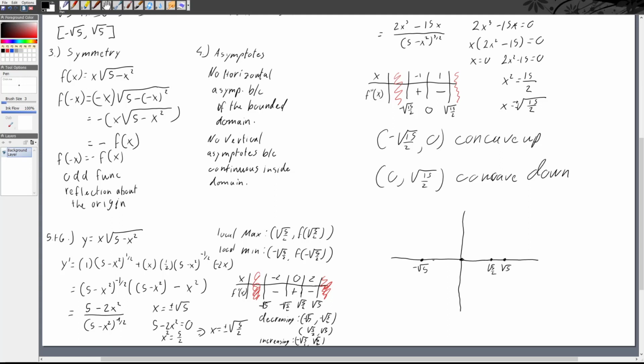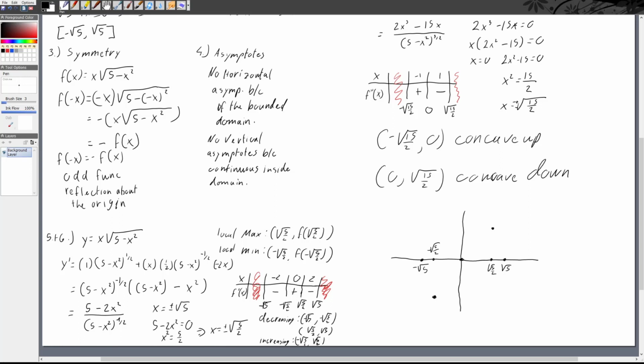And somewhere around there at negative square root of 5 over 2. And there's a local max somewhere around there, and there's a local min somewhere around there. And then that's really is all we need.